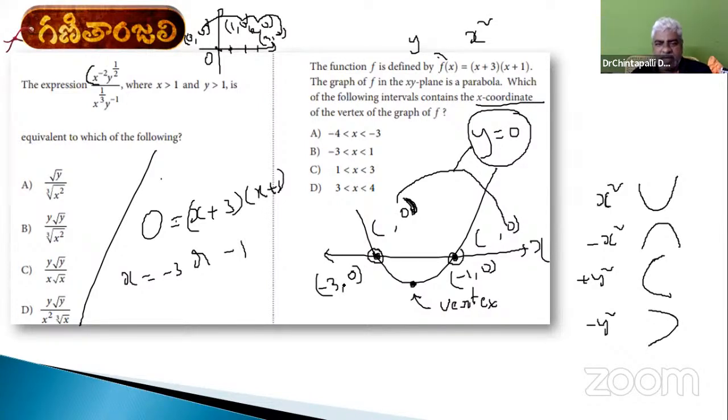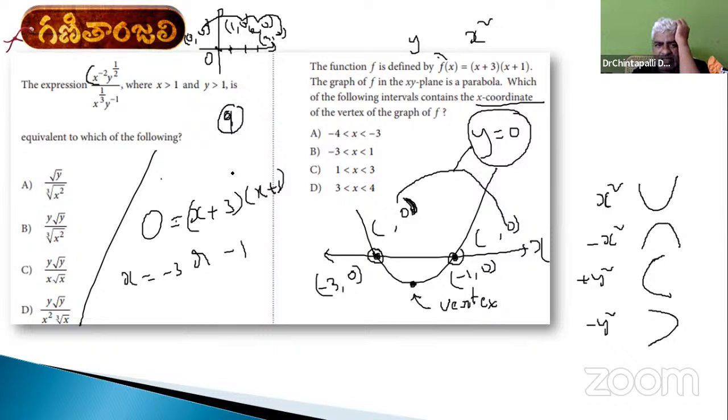Now, which option is correct? Sir, we don't have that option. Don't worry. For example, I am asking you what is the interval in which 9 lies?